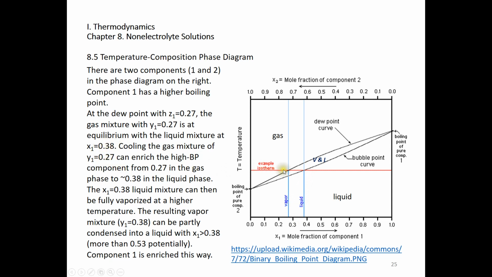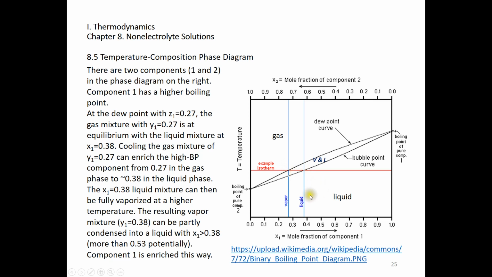That means we can enrich component 1 by condensing the gas mixture from here to here, and at this point we can collect the liquid phase at this temperature, and the mole fraction of component 1 is higher than that in the gas phase.